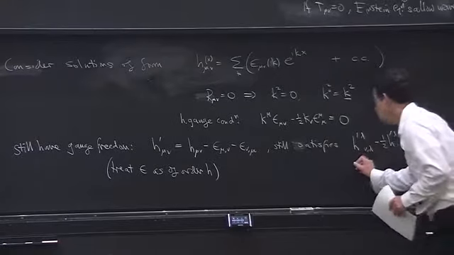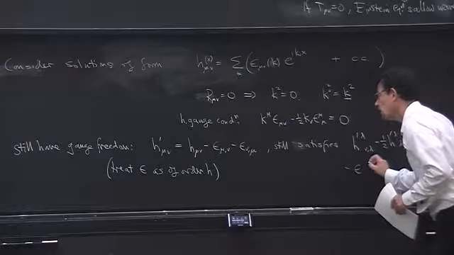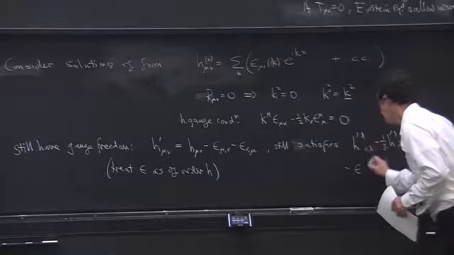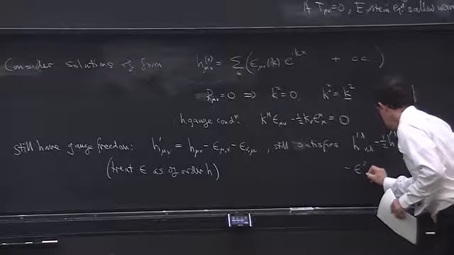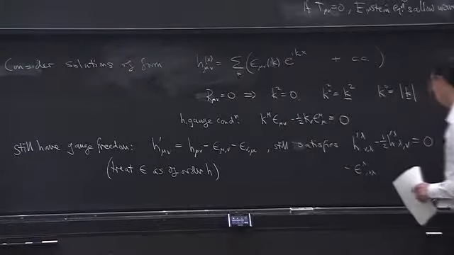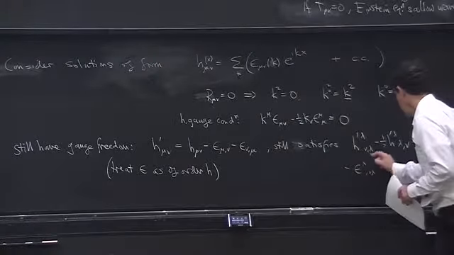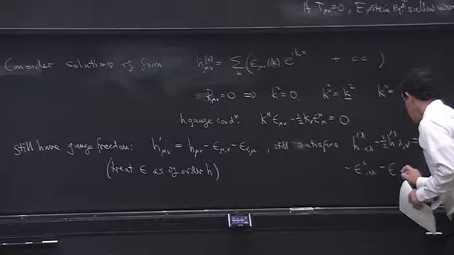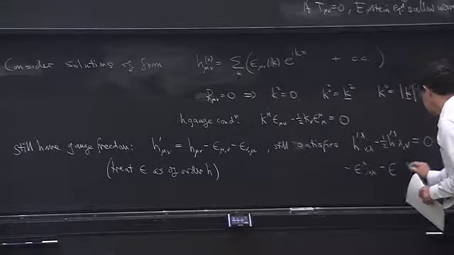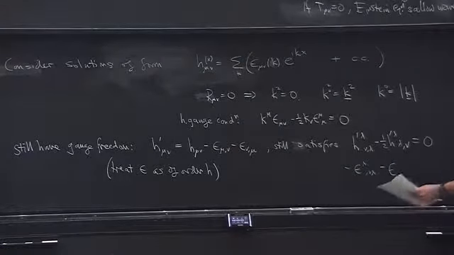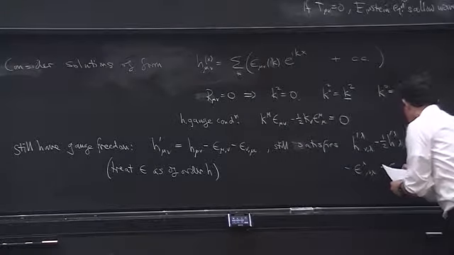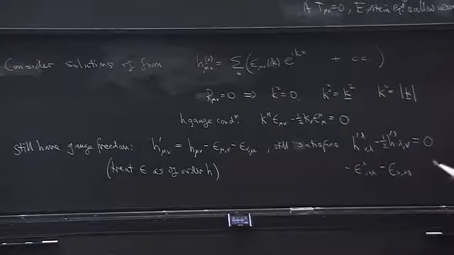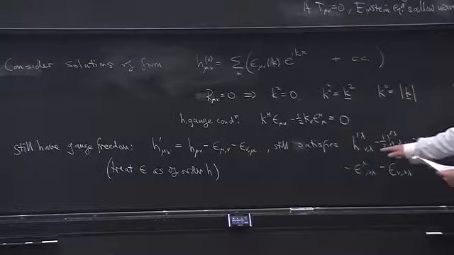The extra term here will be minus epsilon lambda comma nu lambda, and minus epsilon nu comma lambda lambda. That should be from the first term.